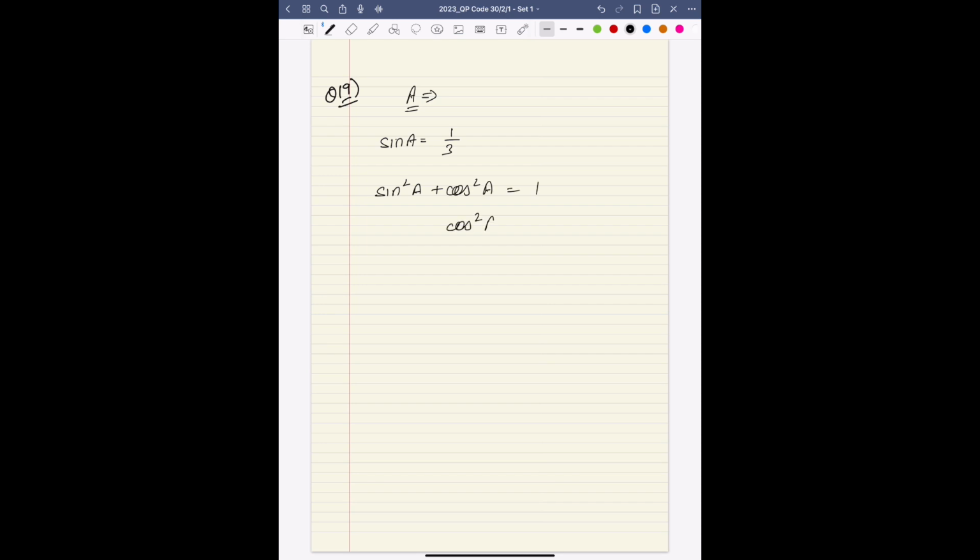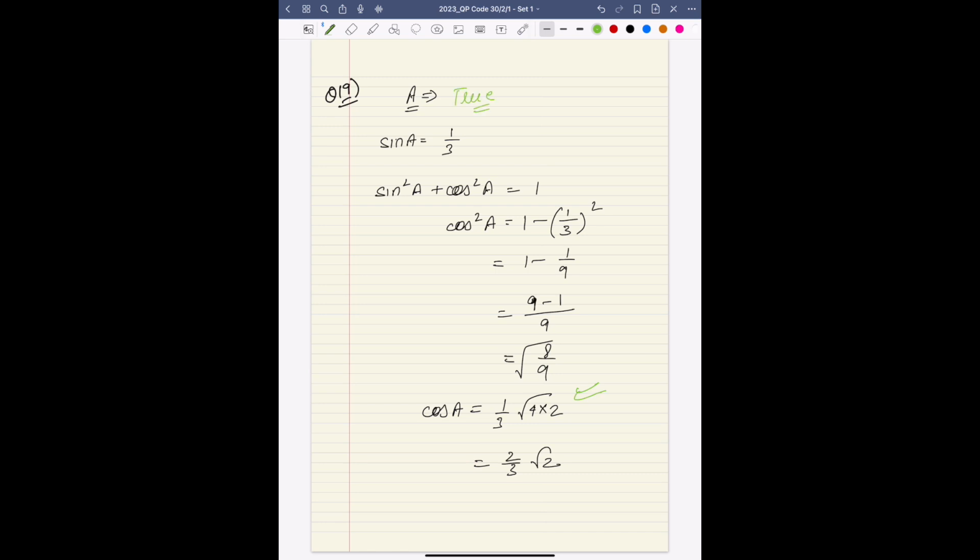So cos square A will be 1 minus sine square A. We can write 1 minus (1 by 3) whole square, or 1 minus 1 by 9, or take LCM, you get 9 minus 1, or 8 by 9 under root. So cos A becomes 1 by 3, and 8 can be written as 4 into 2, so 2 by 3 under root 2. So the assertion is correct. This is true.